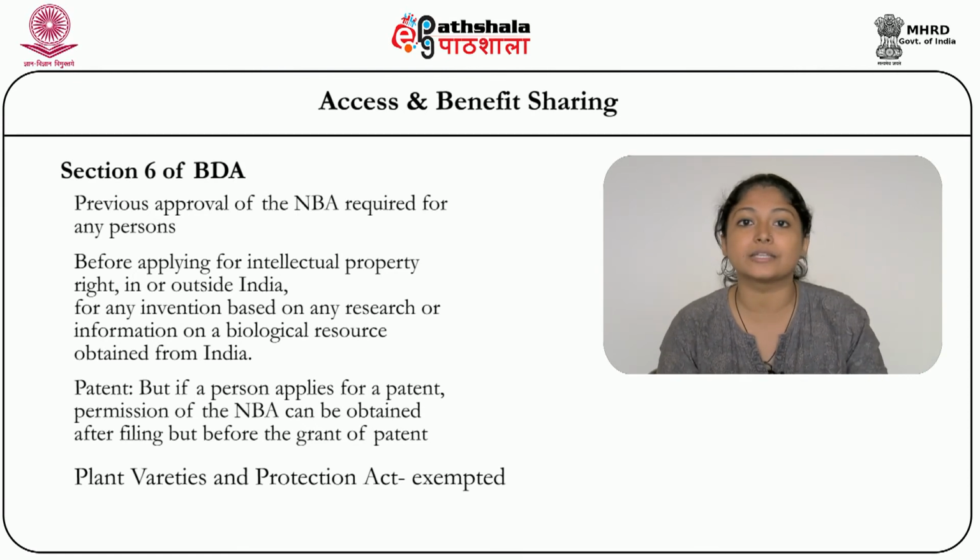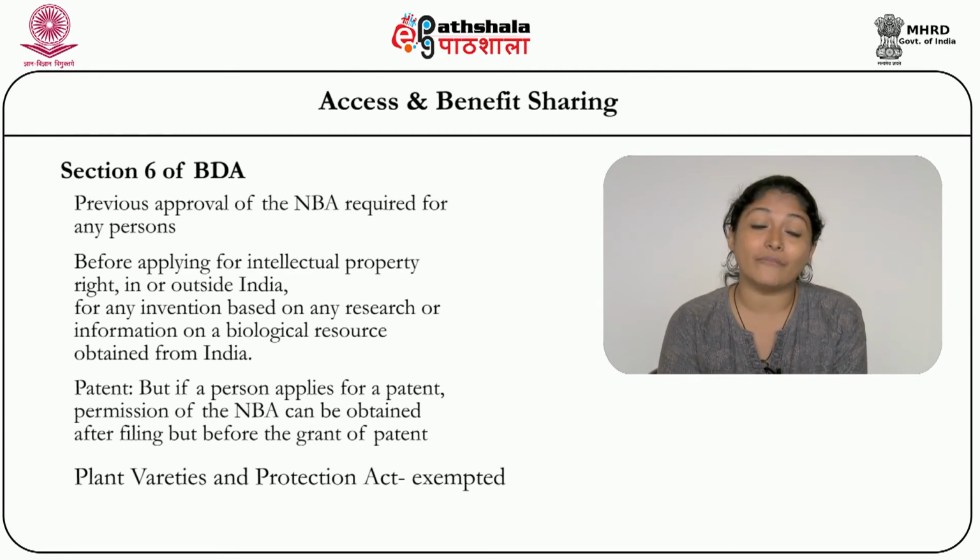Section 6 has certain problems because it says before you apply for any intellectual property rights for an invention. Whether other IPRs like geographical indication or copyright are included within the ambit of section 6 is contentious, because the provision uses the word invention.